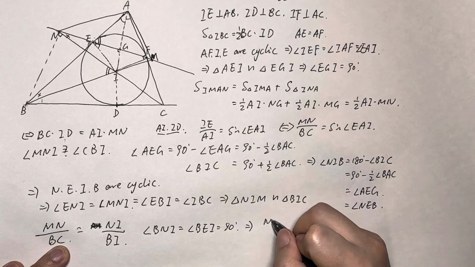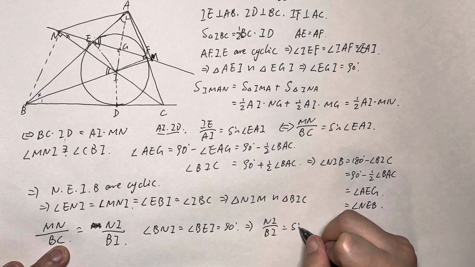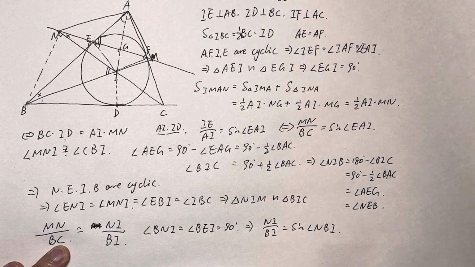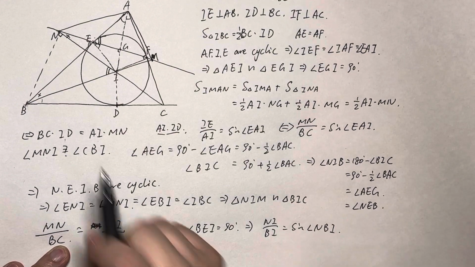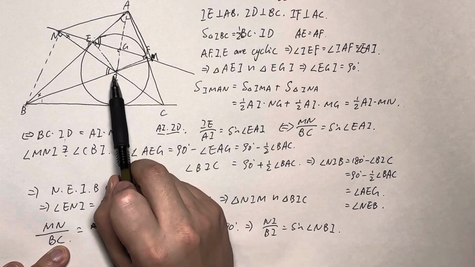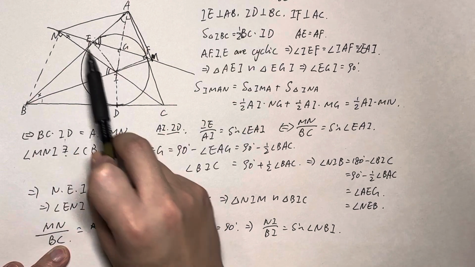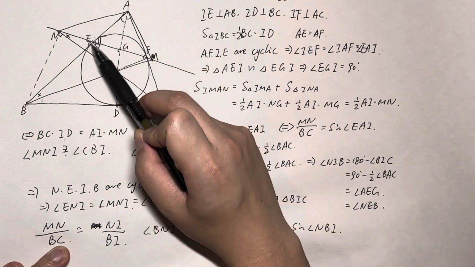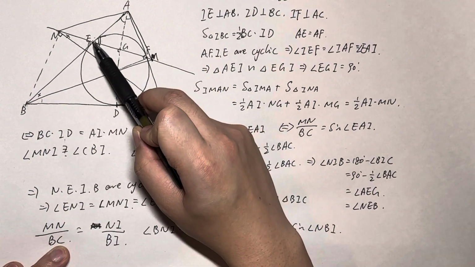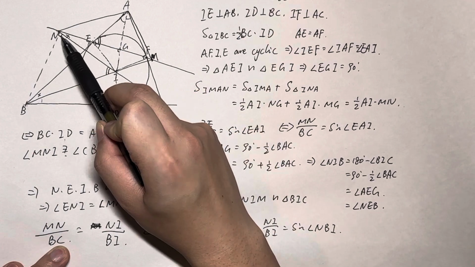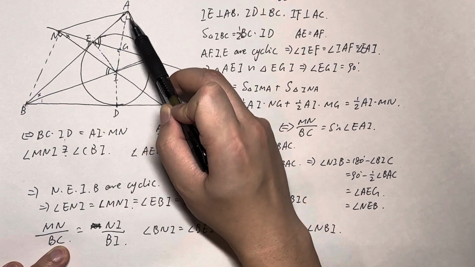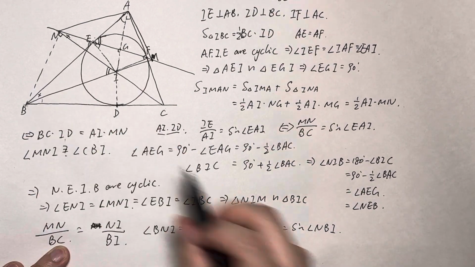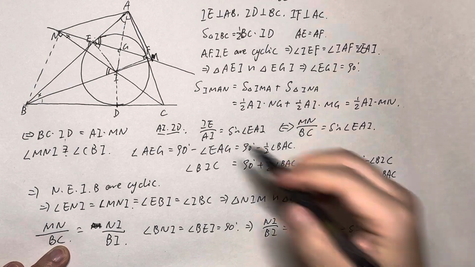Which means NI to BI equals sine of angle NBI. Right? We already know that angle NIB equals angle AEG, which means angle NBI equals angle EAG, right? Because this is 90 degrees, this is 90 degrees, and this angle equals this angle, so this angle equals this angle, which means sine of angle NBI equals sine of angle EAG.